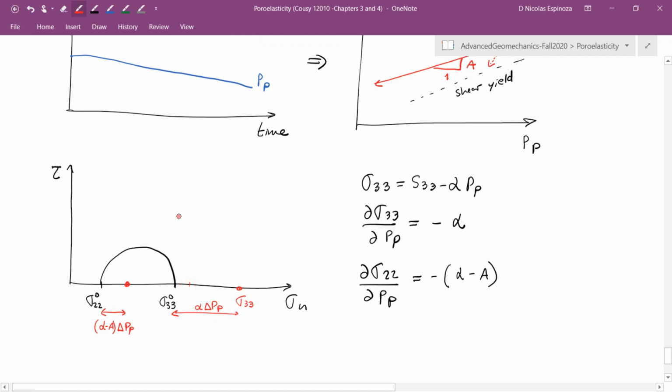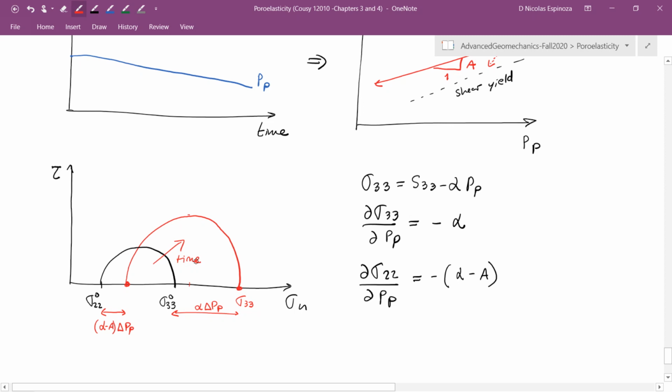But not only that, it's also going to increase in size, because the effective vertical stress has moved more than the effective horizontal stress. And as a result of that, since this one is lagging compared to this one, the net result is that my Mohr circle with time is moving in this direction.